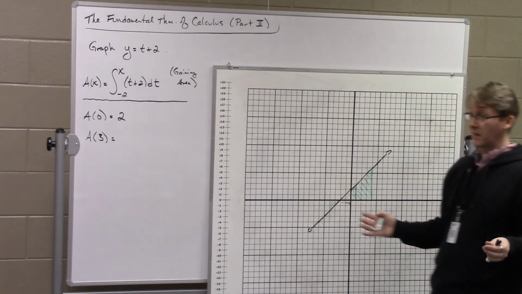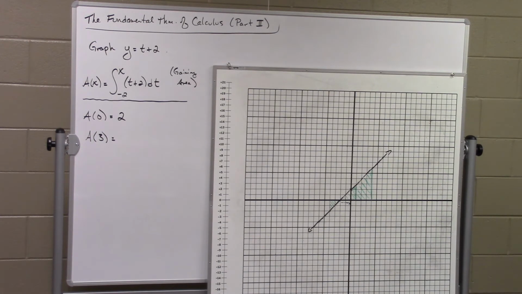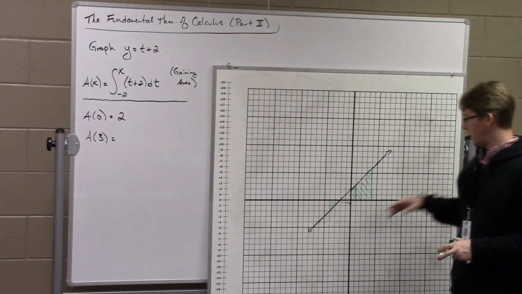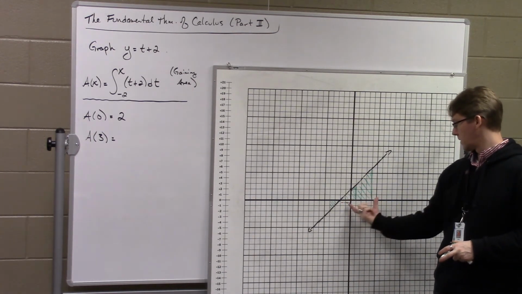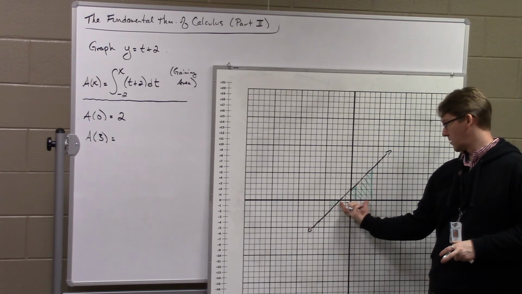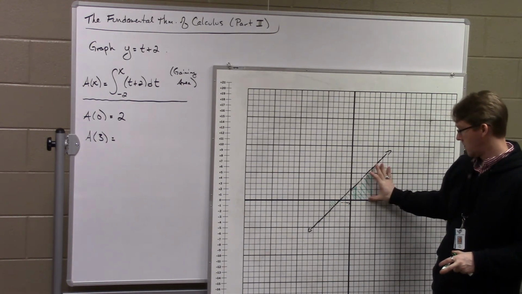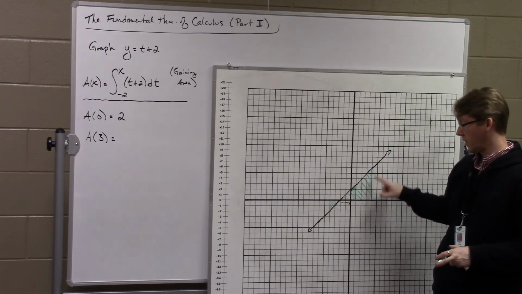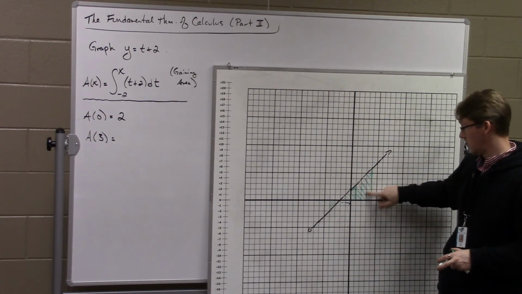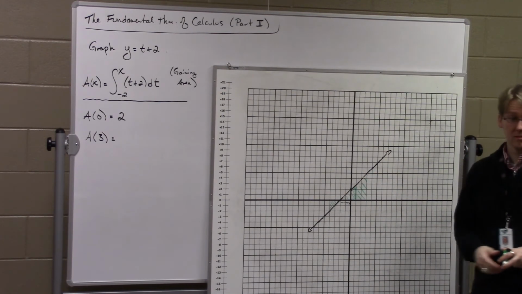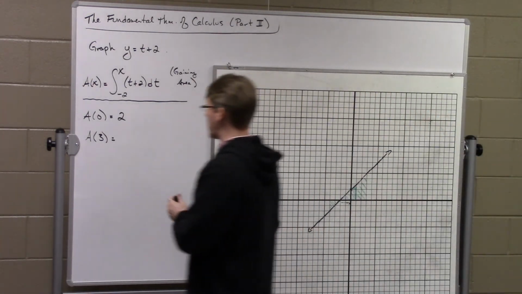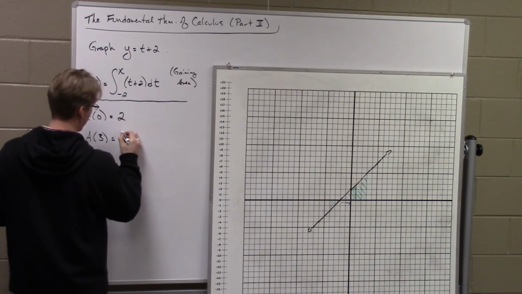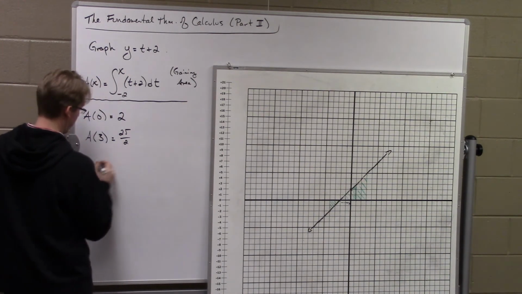So there would be no negative area in this problem. But what is A of 3? That's a 5 on the bottom and a 5 on top, so I'm doing a triangle. So 25 halves, 12 and a half.